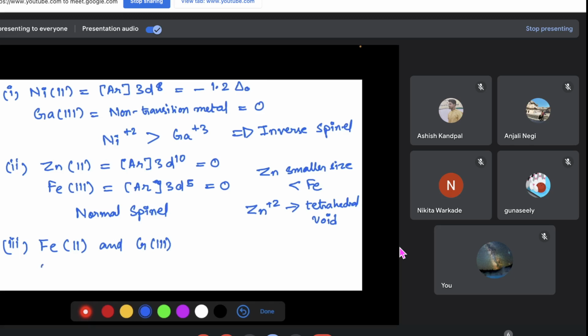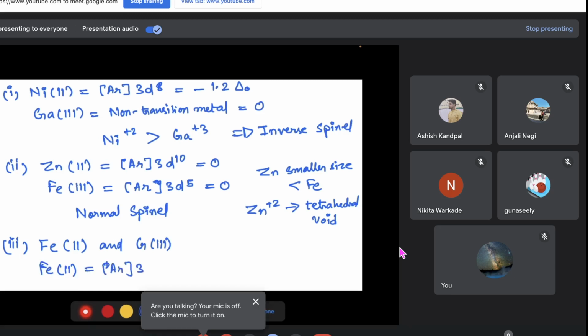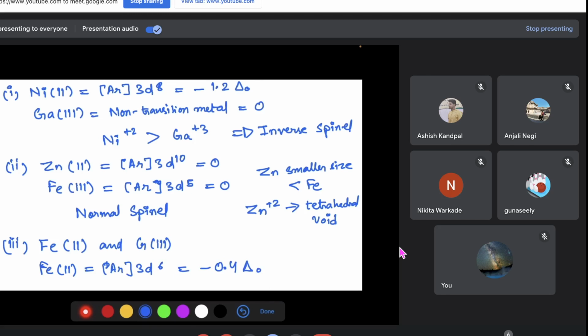Similarly, you can find that the Fe2+ electronic configuration is argon 3d6, having CFSE 0.4 del naught.